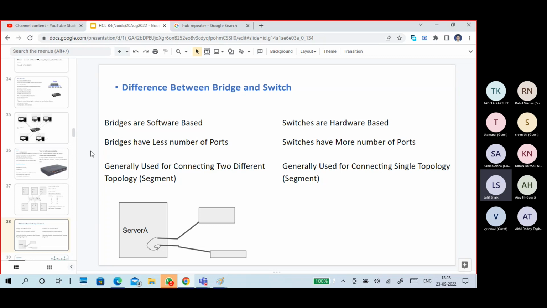Simple example, Wi-Fi hotspot. You are connected to the internet through 4G, right? Using your Wi-Fi, you can share the data to others, right? So what is happening with the Wi-Fi hotspot?